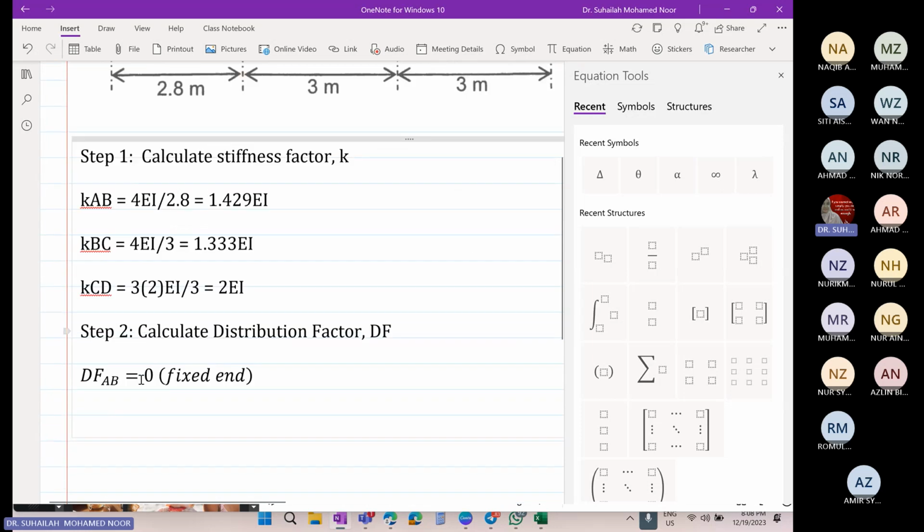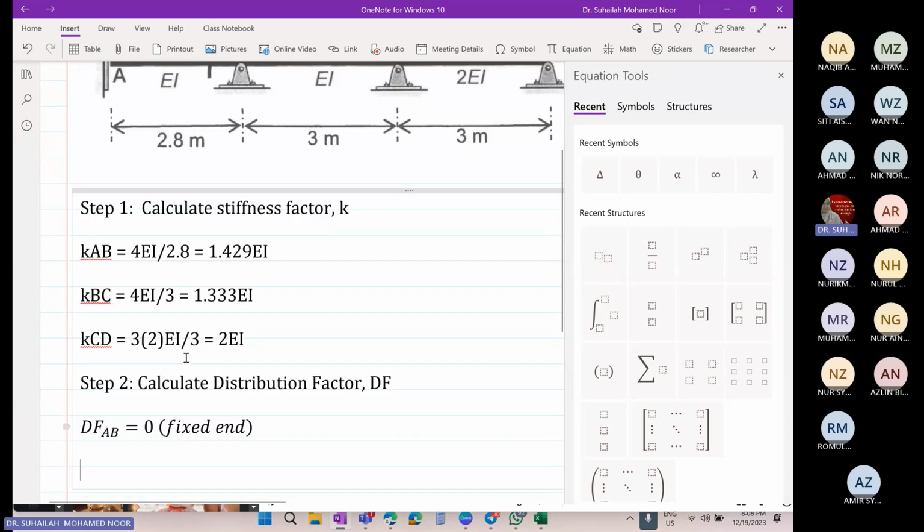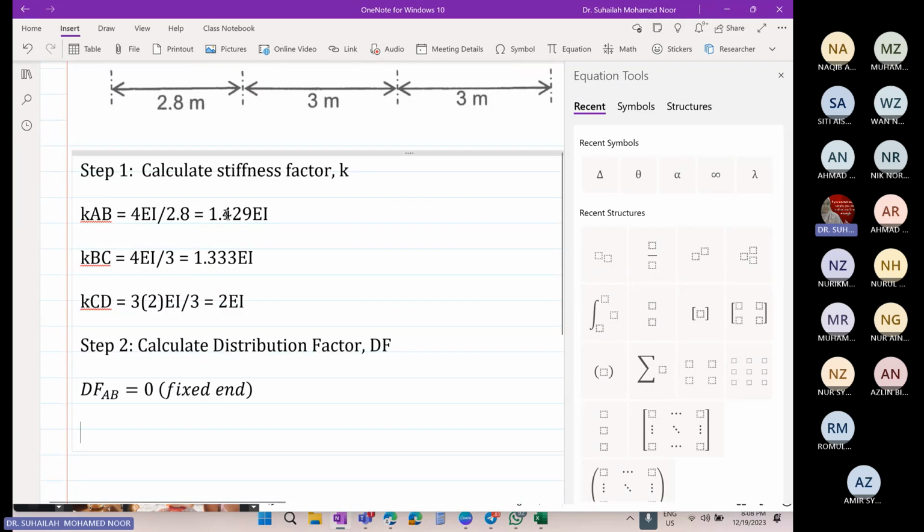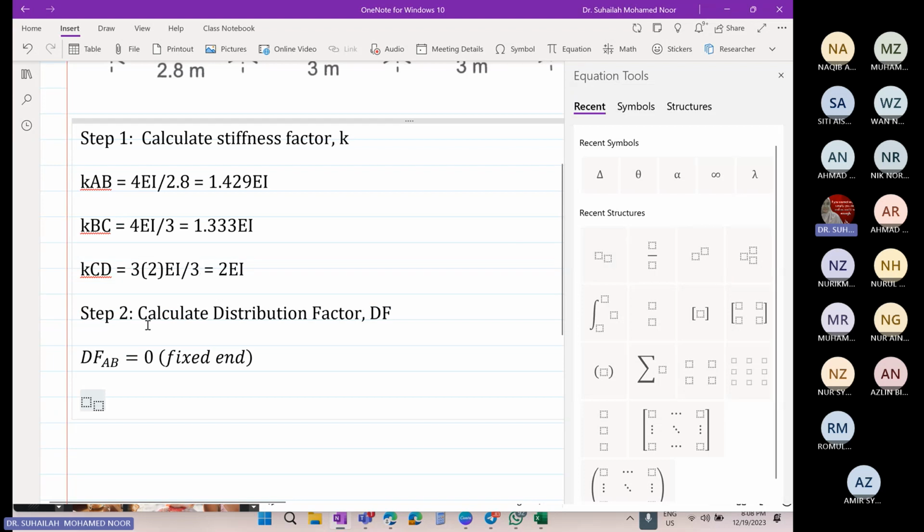Next is the distribution factor for BA. To calculate the distribution factor, it is K divided by total K. DFBA is KBA divided by KB.